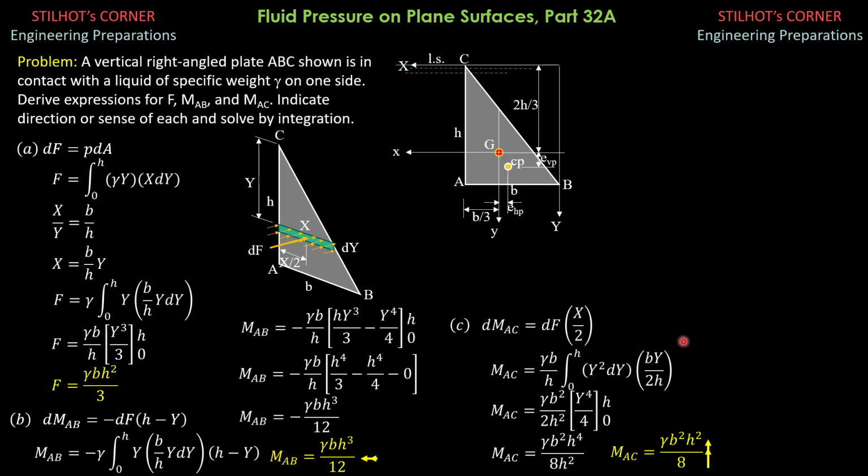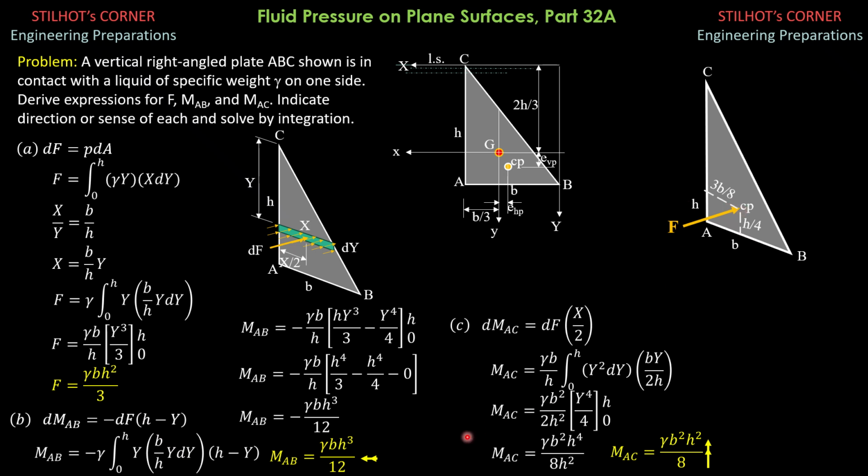Then for the general picture of the sense of moments, we have here the figure, that's F. This distance is 3/8 of B, because it is B over 3 plus AHP, or F times that moment arm makes moment AC gamma B square H square over 8. Then this is H over 4 also.